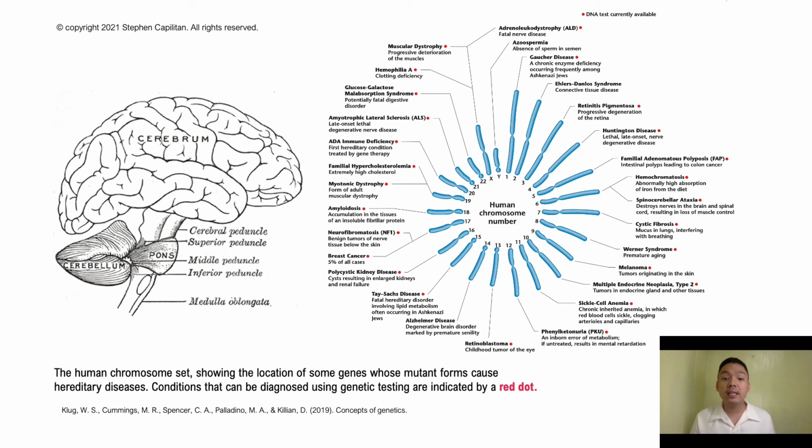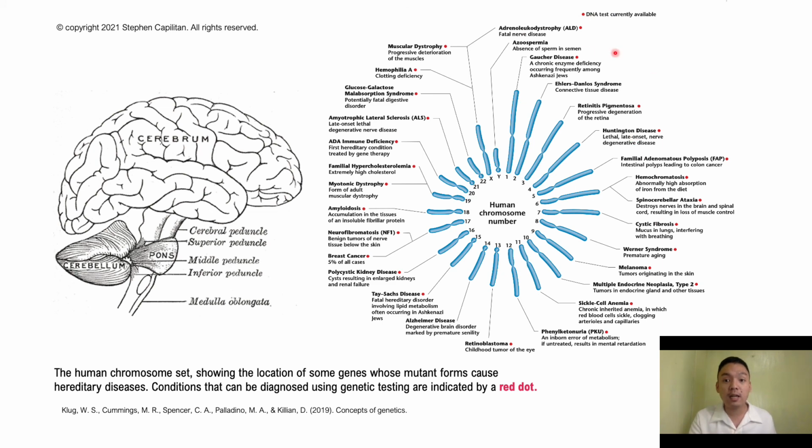Next would be a human chromosome set. This human chromosome set shows the location of some genes whose mutant forms cause hereditary diseases, and conditions that can be diagnosed using genetic testing are indicated by the red dot. You can just zoom it in.